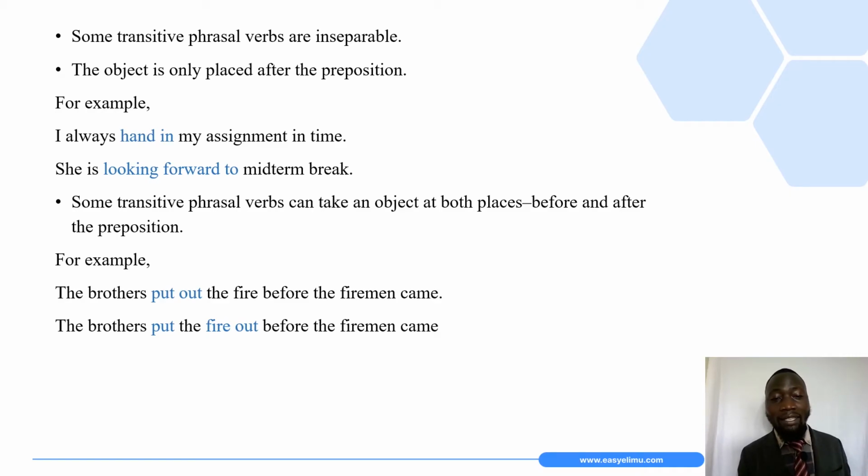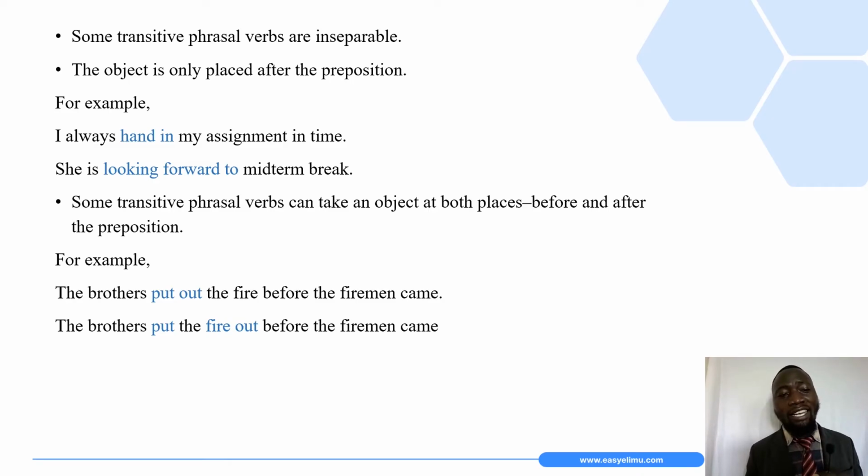Looking back at that sentence, you can easily notice that we have separated the phrasal verb. So there are those that we say the object is only placed after the preposition.